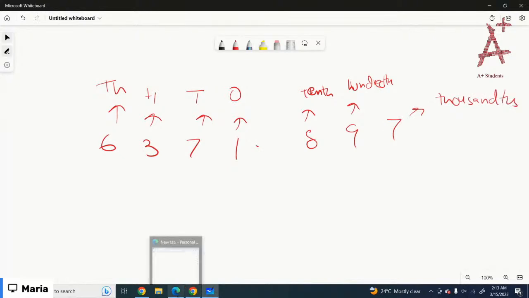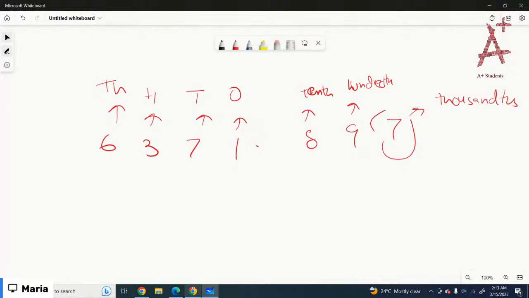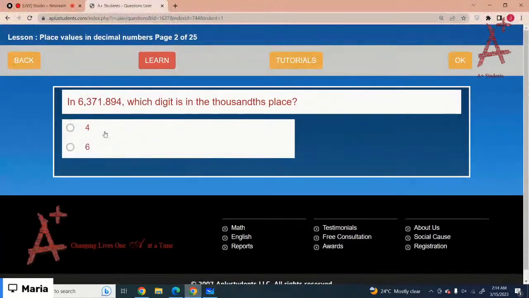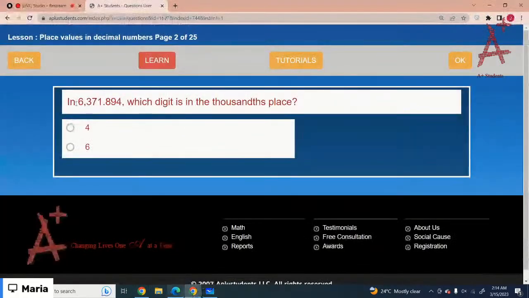Got it? So you need to see which one is at the thousandths. That means the digit must be right after the decimal point. So it would be 894, it is not 897. That means 4 is at the thousandths position. Got it? So the correct option is 4.